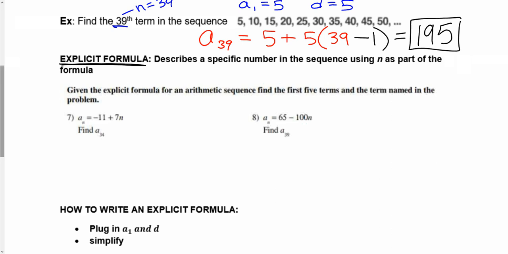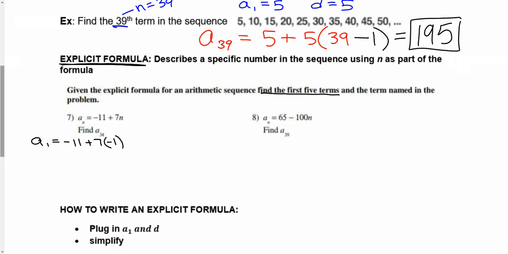So this says find the first 5 terms. Okay, here we go. A sub 1 equals -11 plus 7 times -1. You guys know where I got -1 from?